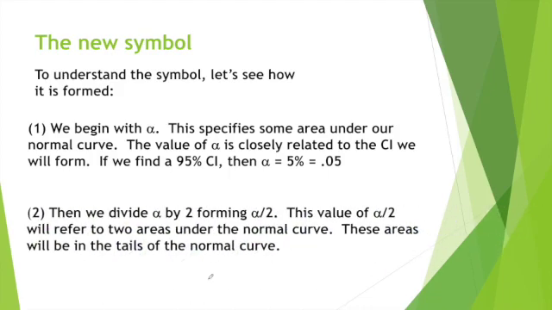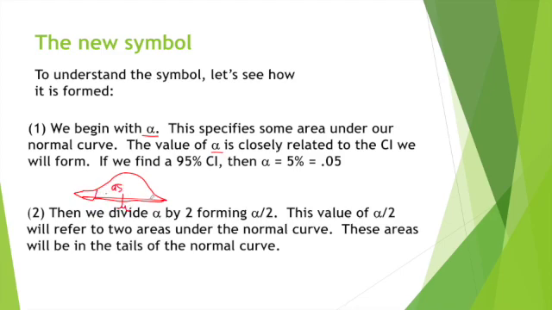So we begin with an alpha. This alpha specifies an area under our normal curve, and the value of alpha is closely related to our confidence interval. So if I have a normal curve and I want to find the 95% confidence interval, that means I have 0.95 area.